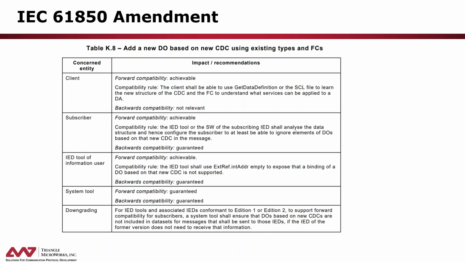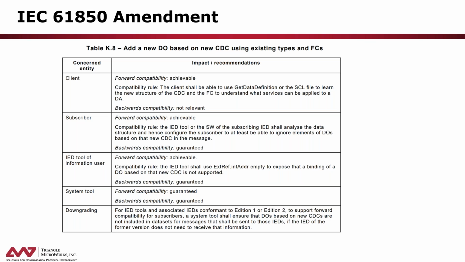The other major chunk of this work in the compatibility issues is not how the standard evolves, but how devices need to behave in order to guarantee forward compatibility. And this is one excerpt from 7.1. There's quite a few of these tables. There's one for every one of those rules listed.